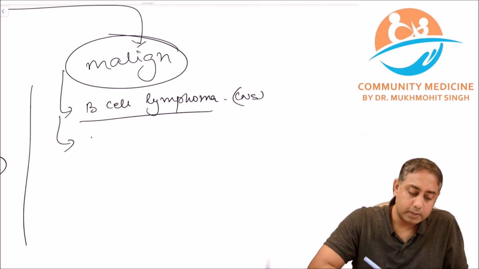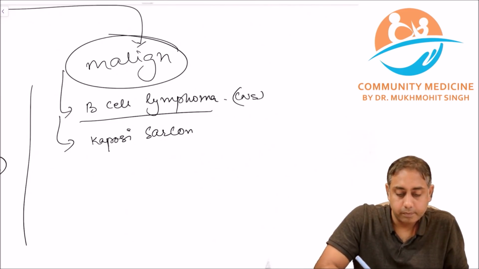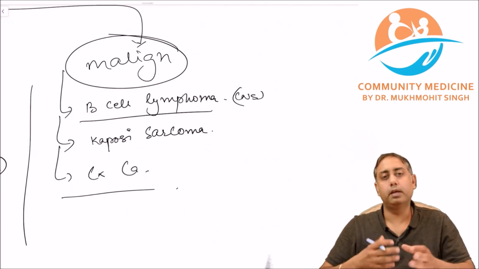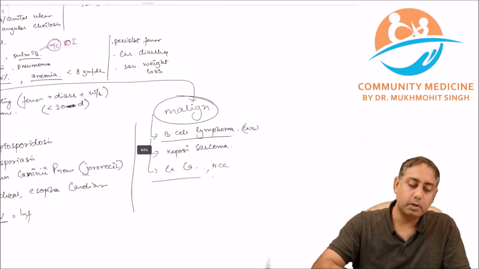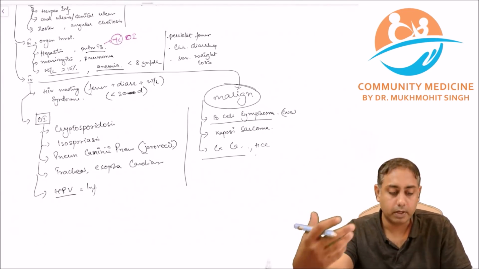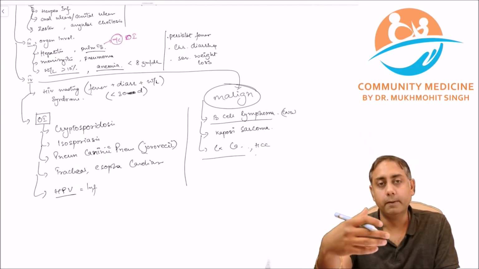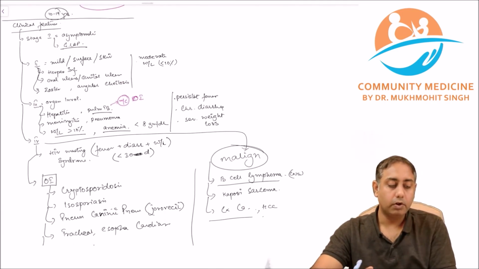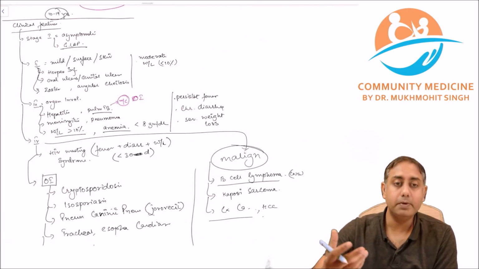Or we can also have Kaposi sarcoma, your favorite answer, or there could be cervical cancers, or there could be hepatocellular cancers. So there is a slightly higher chance of having these malignancies associated with infections or with the virus per se. So this is what we have as staging of clinical features for this HIV disease.